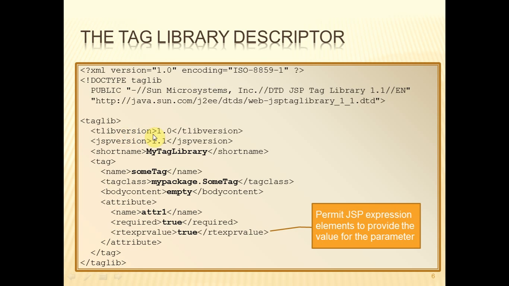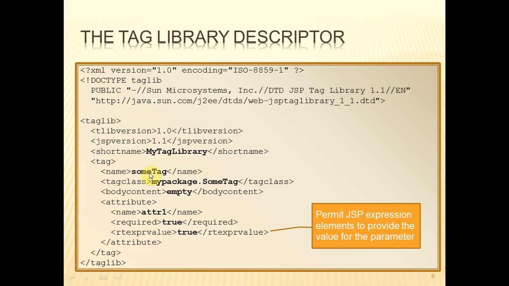We can then define the library version, the JSP version that we're using, and the short name for the library. And then we get to the definition of the individual tags. So for each tag, there will be a tag element in this file. If you've got 3 tags in the library, then you'll have 3 repetitions of that.